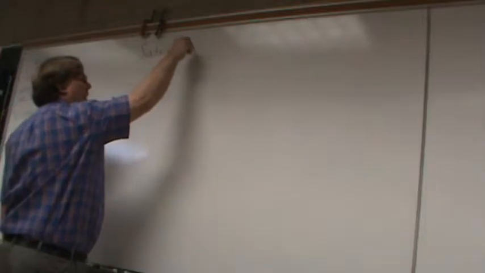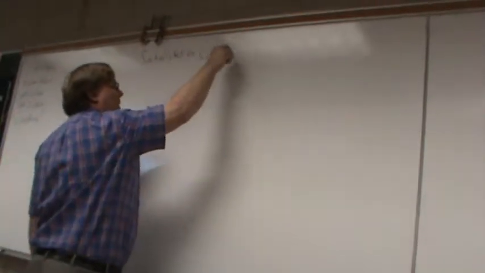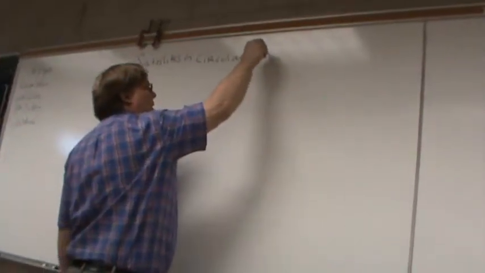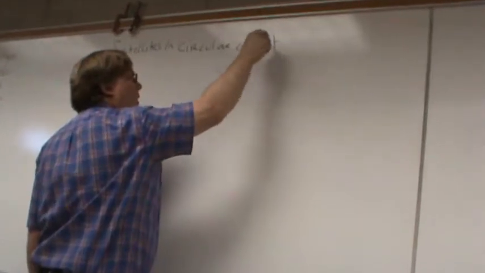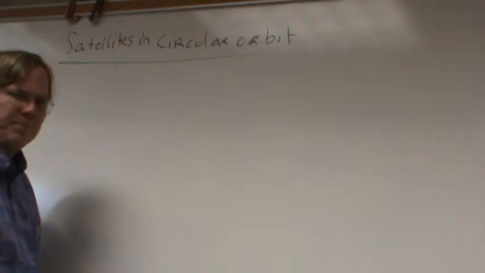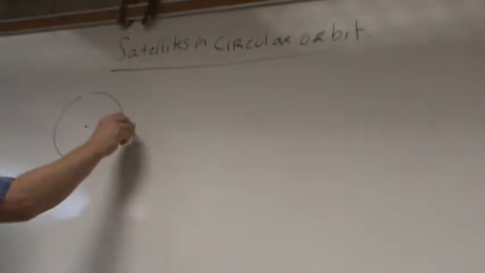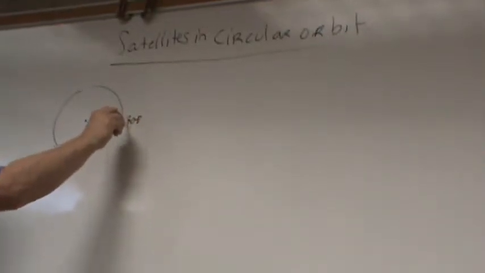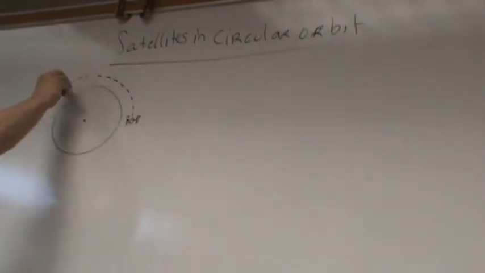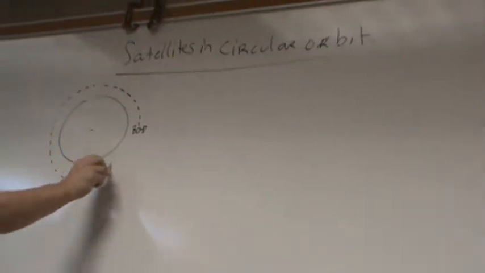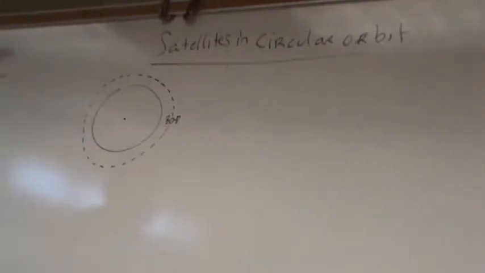Satellites in circular orbit. Alrighty. Well, first of all, if you've got some planet and you've got some satellite orbiting the planet, and we're going to make them circular orbits, okay?